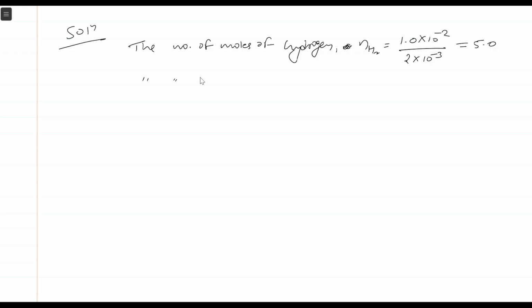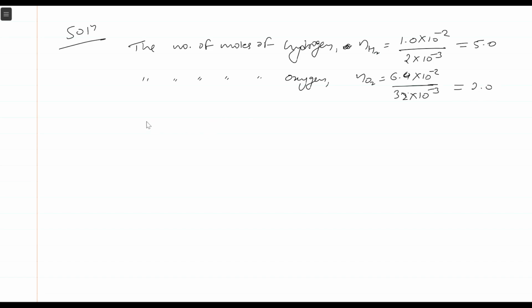Similarly, the number of moles of oxygen, n_O2, is the mass 6.4 into 10 to the power minus 2 divided by the molecular weight of oxygen in kg, 32 into 10 to the power minus 3, and this gives us 2.0.